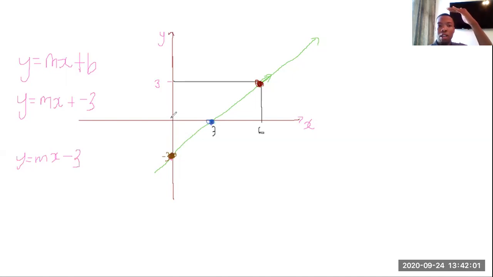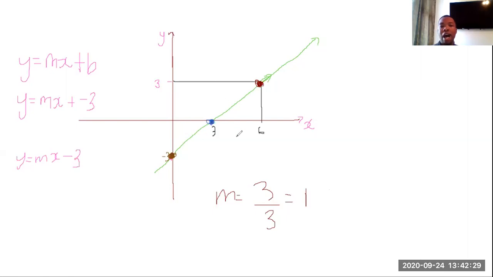Up 3, but then I have to go over 3. So my slope says up 3 over 3, which is 1. From this point to this point is up 3 over 3.